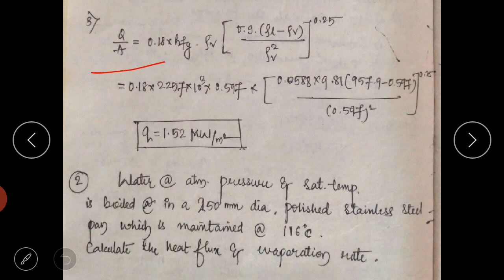In order to calculate the critical or maximum heat flux, we are using this formula. After substitution, we will get the value of q as this much. If you multiply by the area, we will get the value of q.